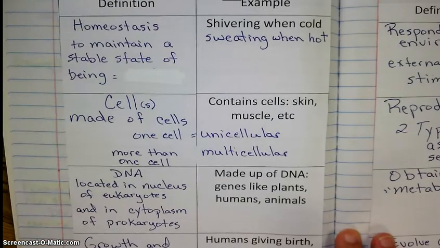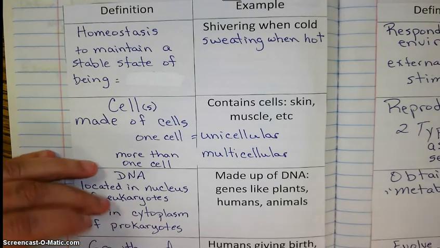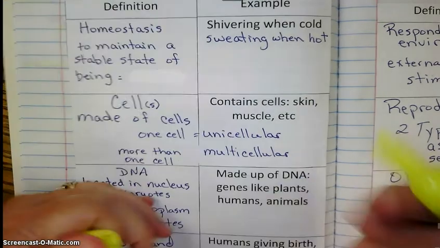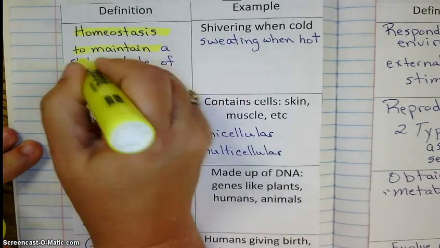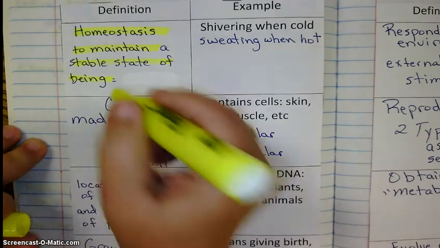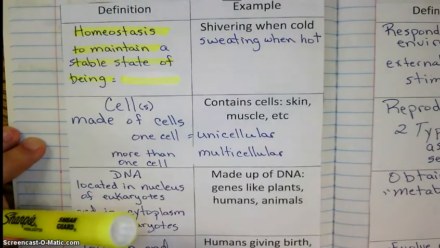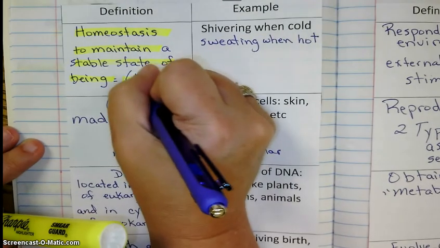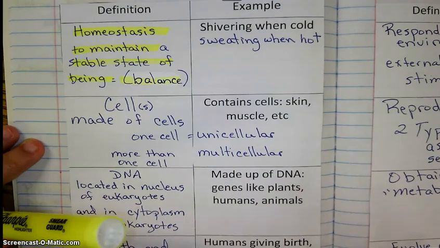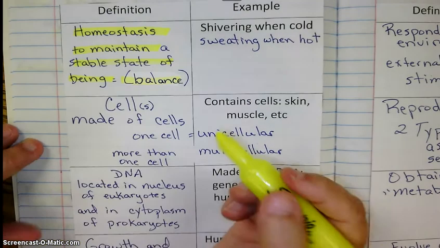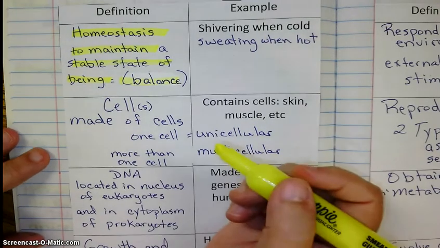We're going to start off with our highlight, tagging homeostasis. You need to know that word. You need to know that it means to maintain a stable state of being. And we're going to add that sometimes you'll hear that called balance, maintaining a balance in your organism. All living things maintain homeostasis.